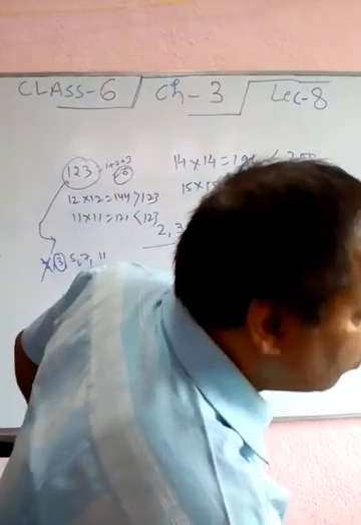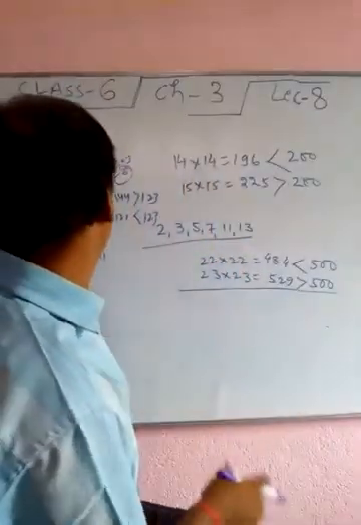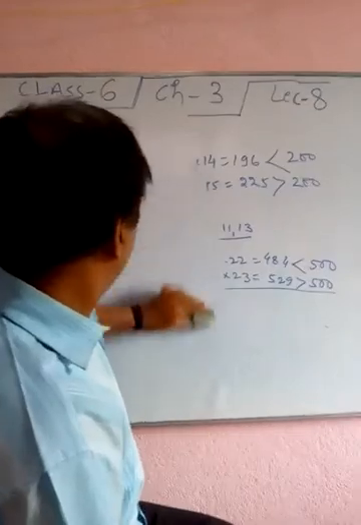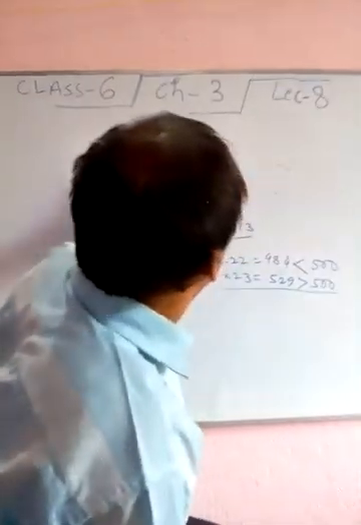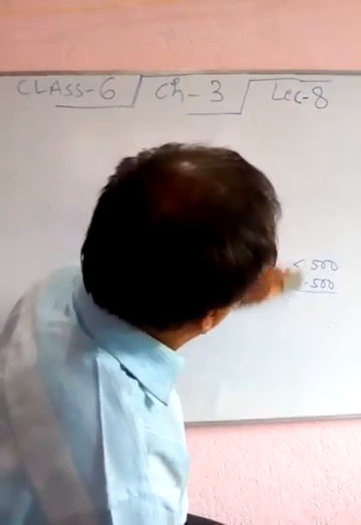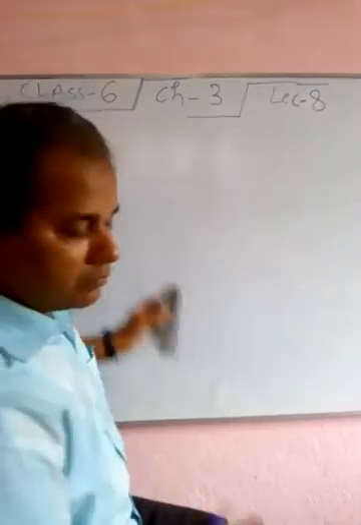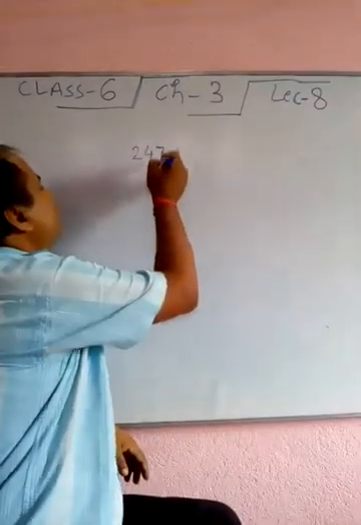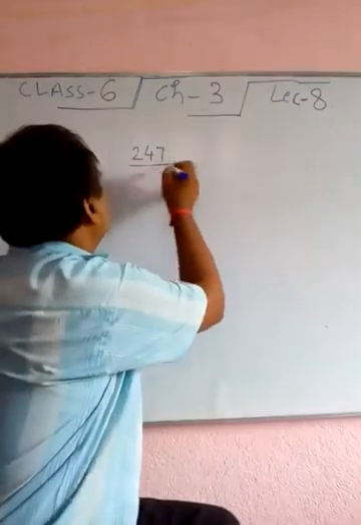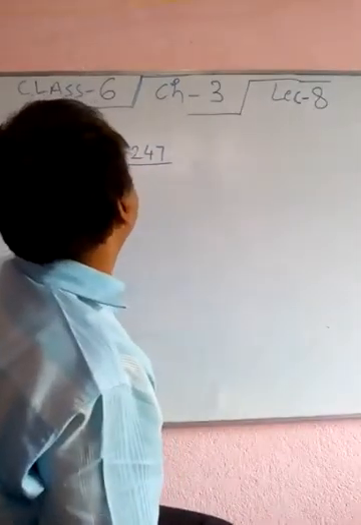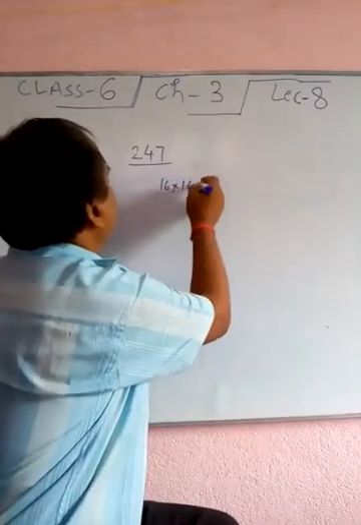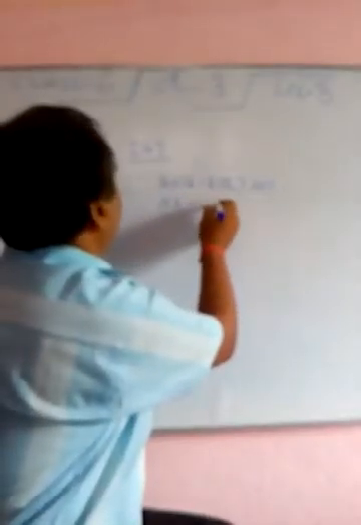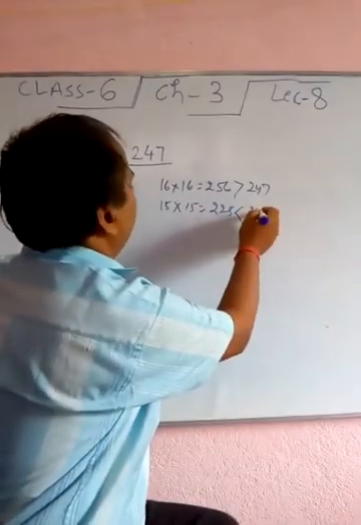Next is 247. Here 16 into 16 is equal to 256, which is greater than 247, and 15 into 15 is less than 247.